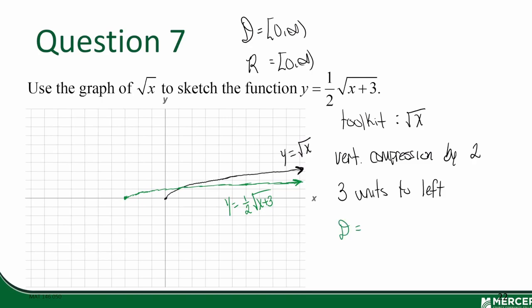What's the domain? -3 included to infinity. Right, all of your input values just get shifted 3 units to the left. And what's the range? 0 included to infinity. Right, all of your output values get cut in half. Half of 0 is still 0.